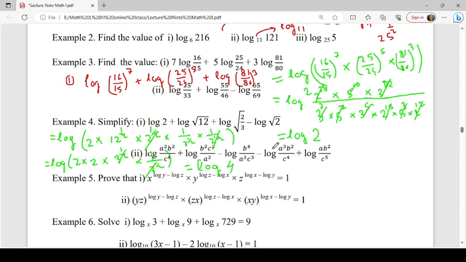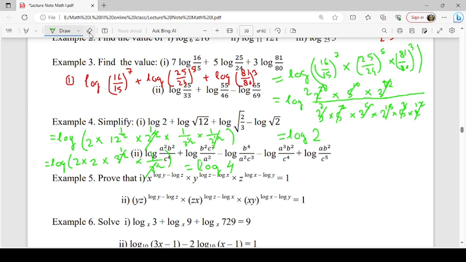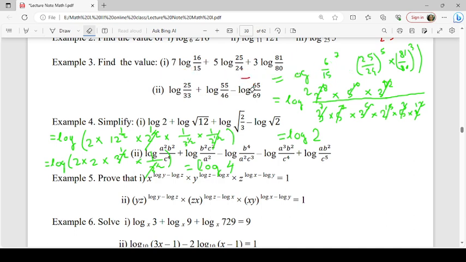So this is the way of simplifying this. I am erasing all this.